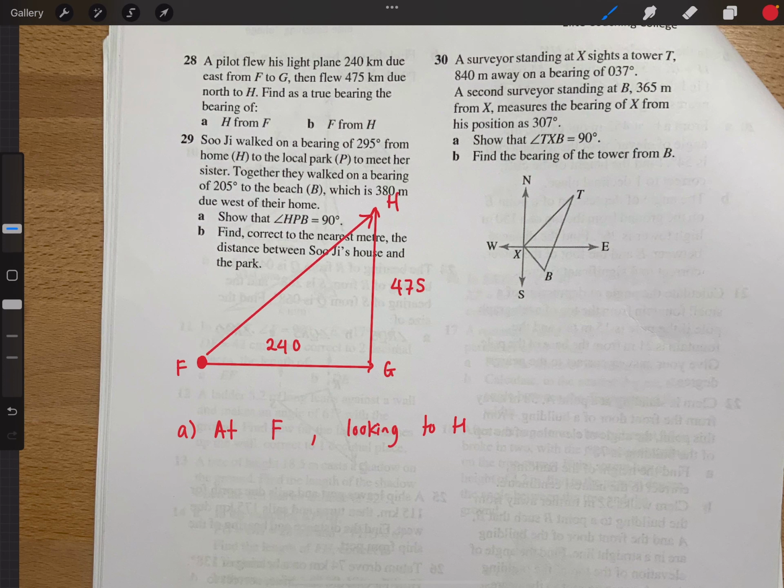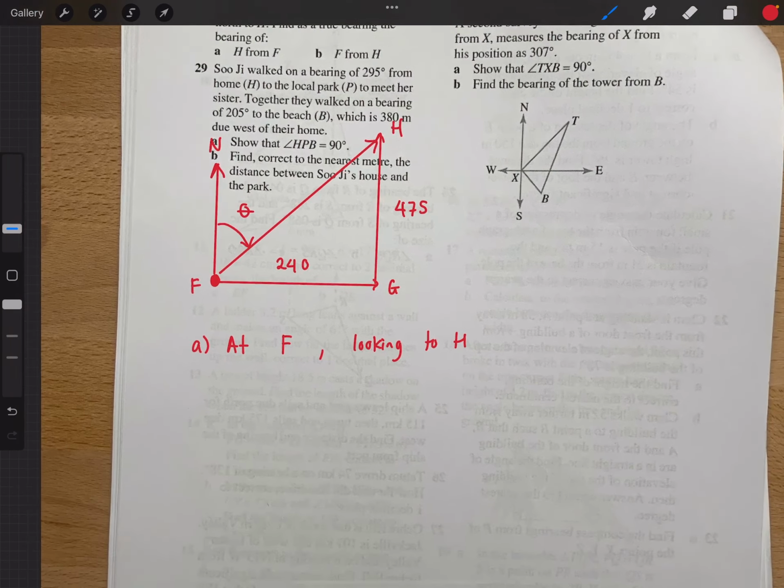And what kind of bearing? They want the true bearing. So the true bearing means that we need to establish the north line, and then we can find the true bearing, which is from the north to whatever the angle is there. So we need to find this angle theta, and that's a true bearing.